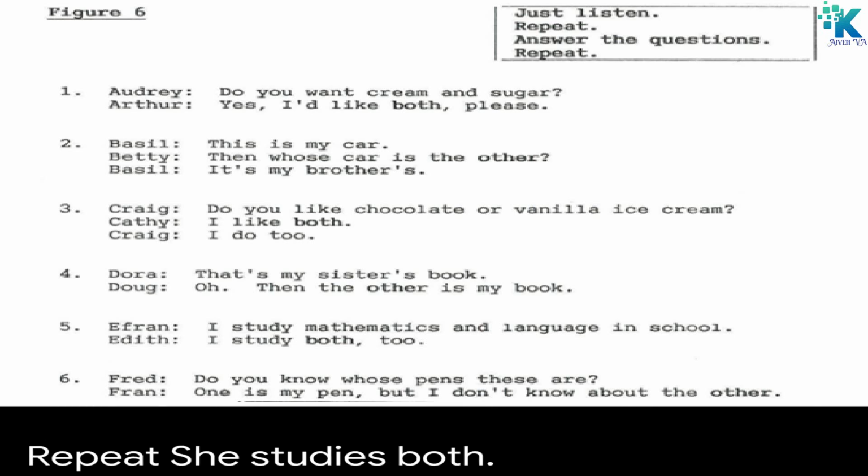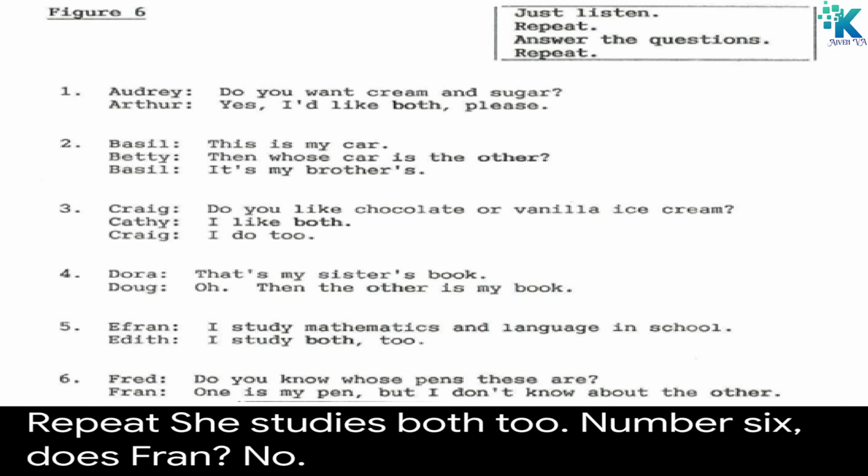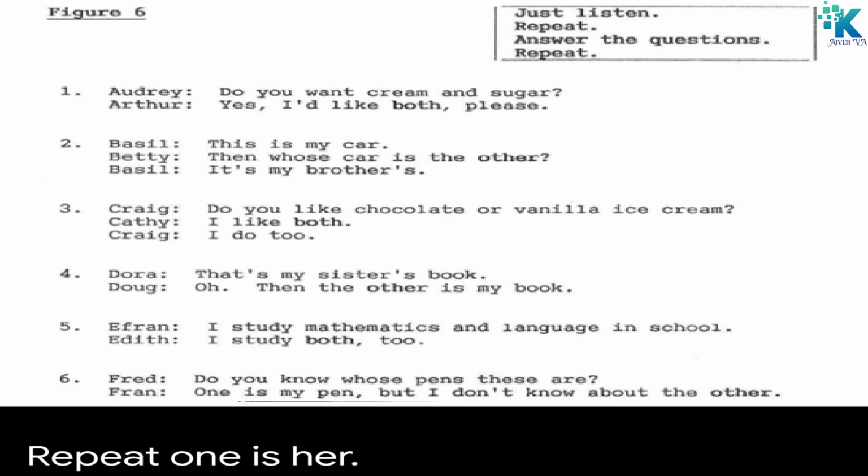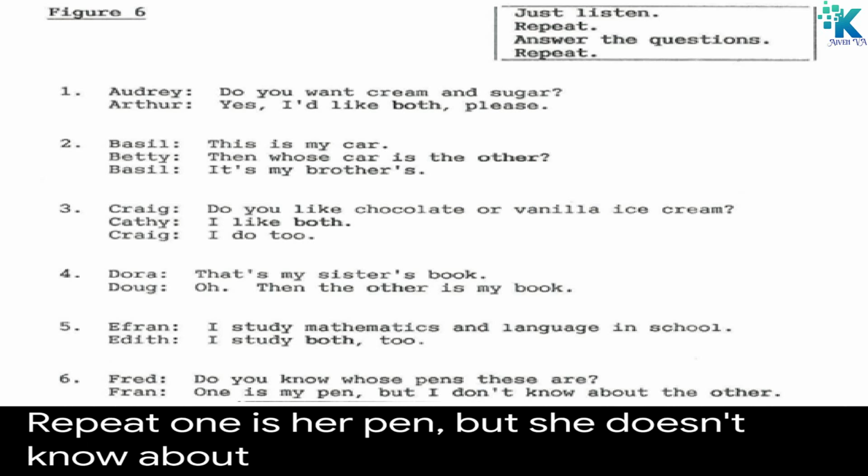Repeat. She studies both too. Number 6. Does Fran know whose pens these are? Repeat. One is her pen, but she doesn't know about the other.